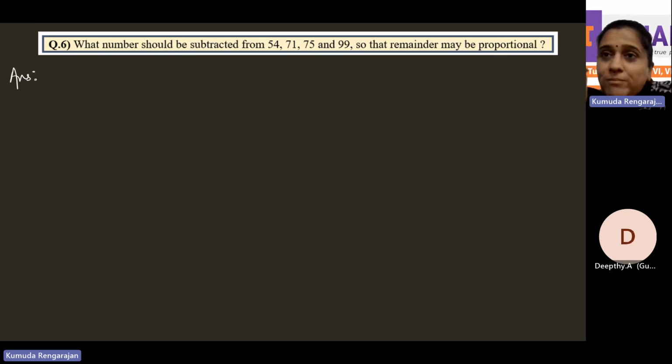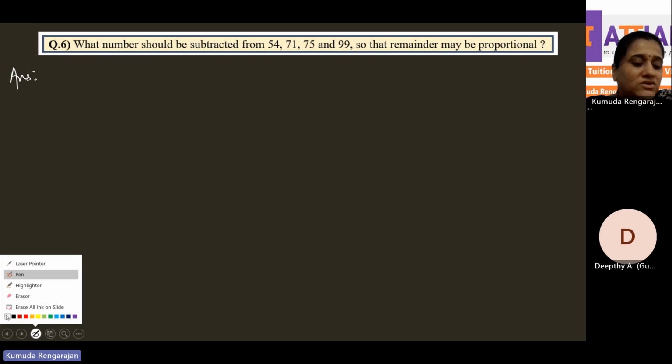What is that one same number which is to be subtracted from all these numbers, so that the remainders may be proportional? The answer you get on subtracting two numbers is called the remainder. It's remainders, not remainder.